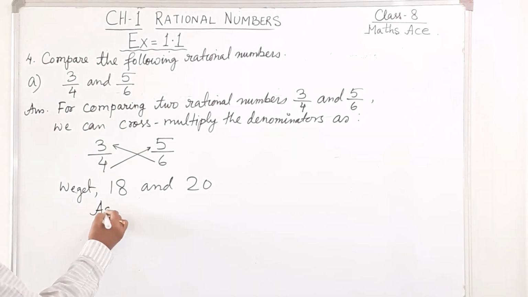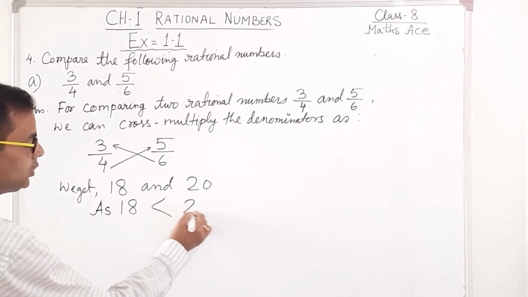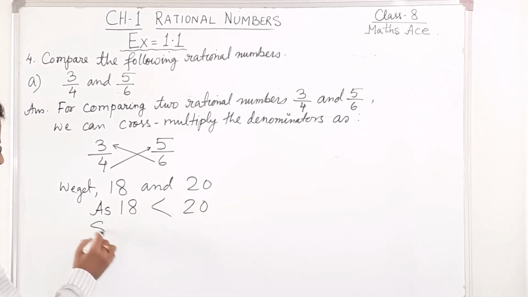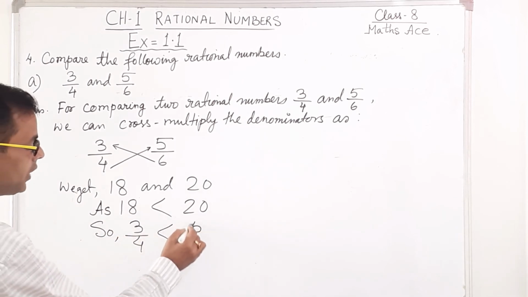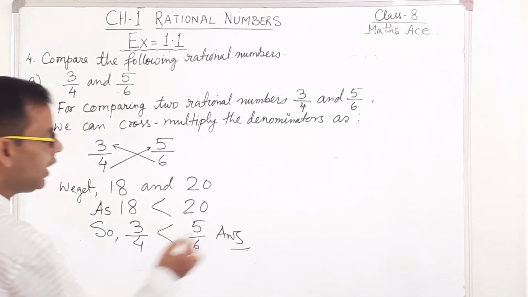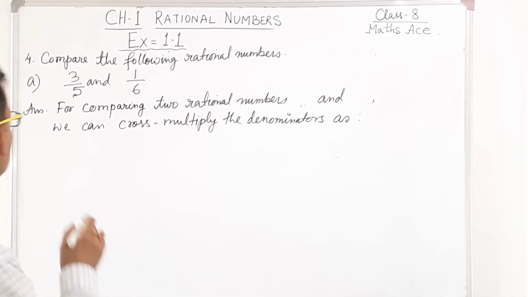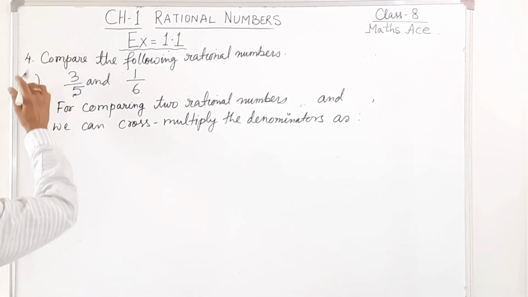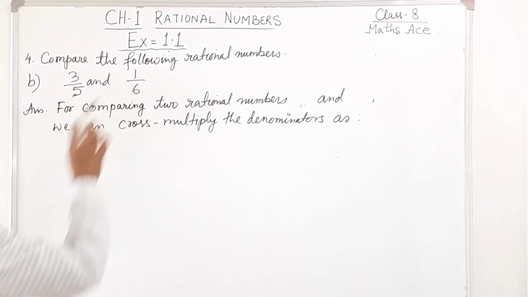As 18 is smaller than 20, so the first one is what? 3 by 4 is smaller than 5 by 6, and this is the answer. Clear? The second one, okay, question number B, 4B, 3 by 5 and 1 by 6.